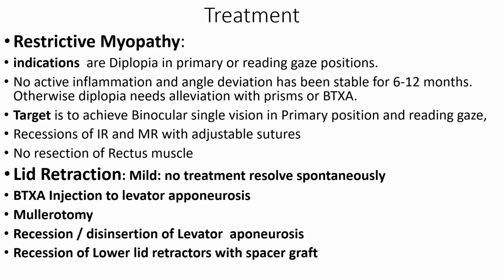Otherwise, diplopia needs alleviation with prisms or botulinum toxin A. Target is to achieve binocular single vision in primary position and reading gaze. The recessions of inferior rectus and medial rectus with adjustable sutures may also sometimes be required. No resection of the recti muscle should be performed.